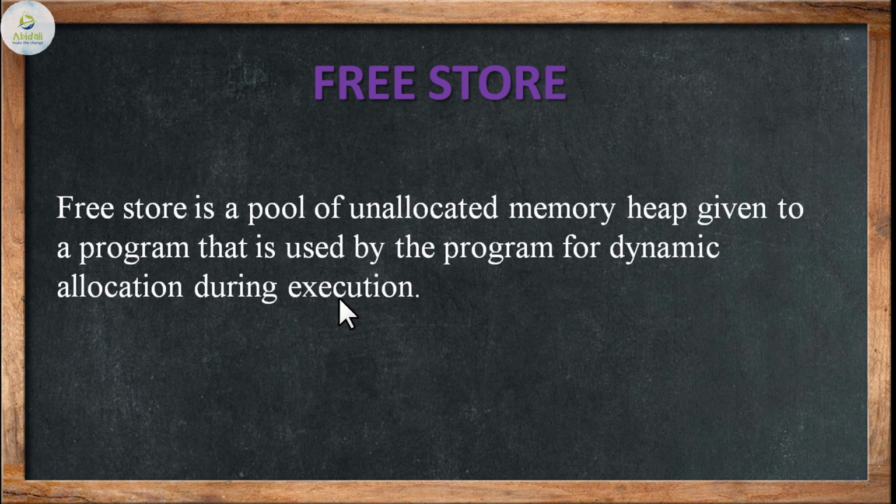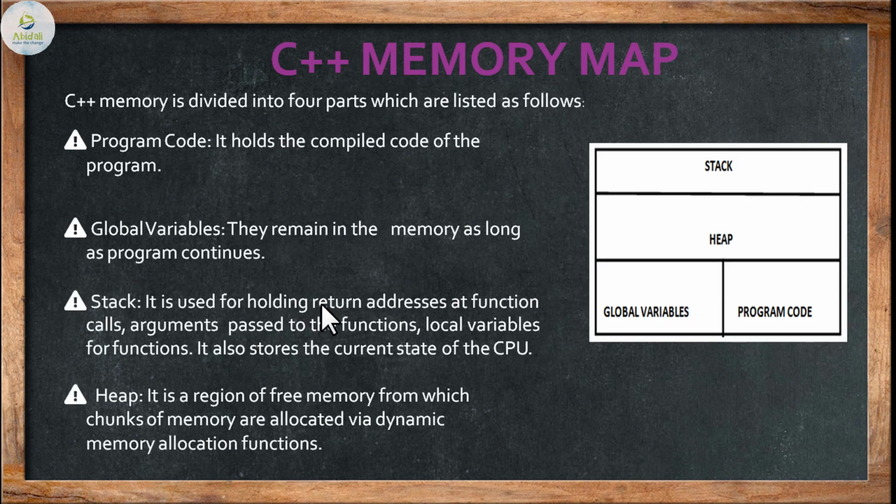That is, once the new operator is executed, the dynamic memory allocation can be given from the free store, a pool of unallocated memory heap used by the program for dynamic allocation. Allocation is nothing but giving the space, during the execution, not during the compilation.